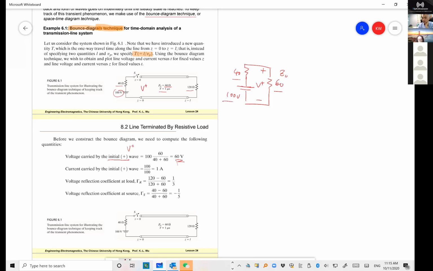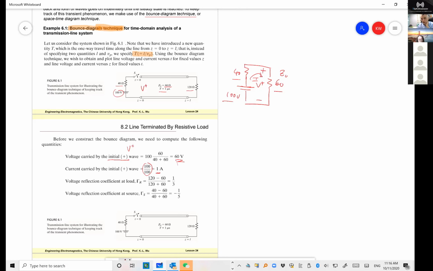So my previous note is not correct. This should be 100 divided by 100, not 60 by 60. I found this error last night. The result is the same, but the concept was not right, because your total resistance is 40 plus 60.